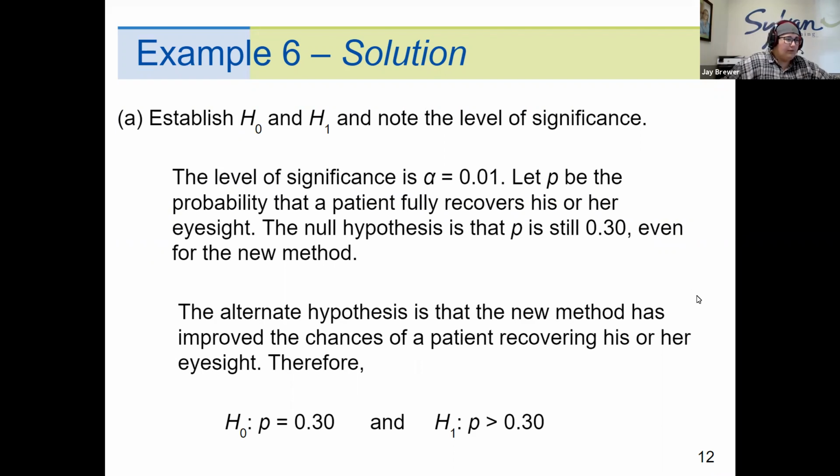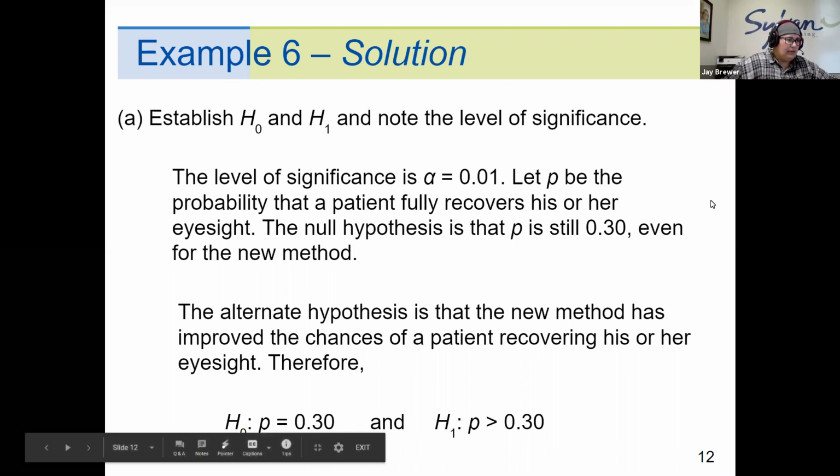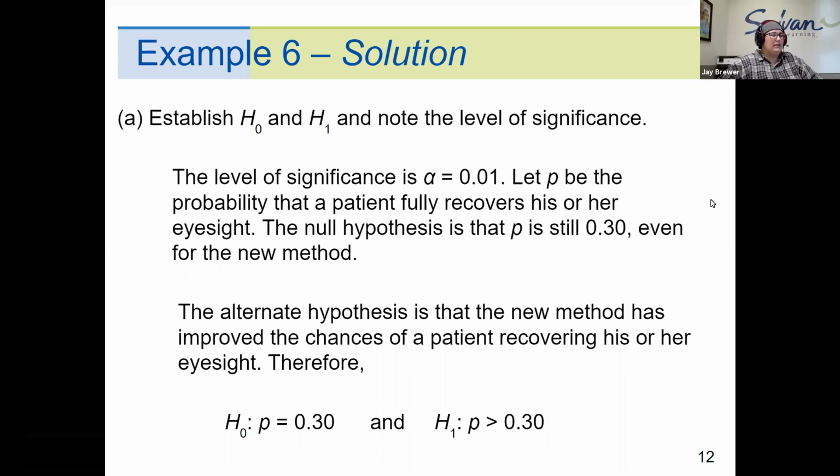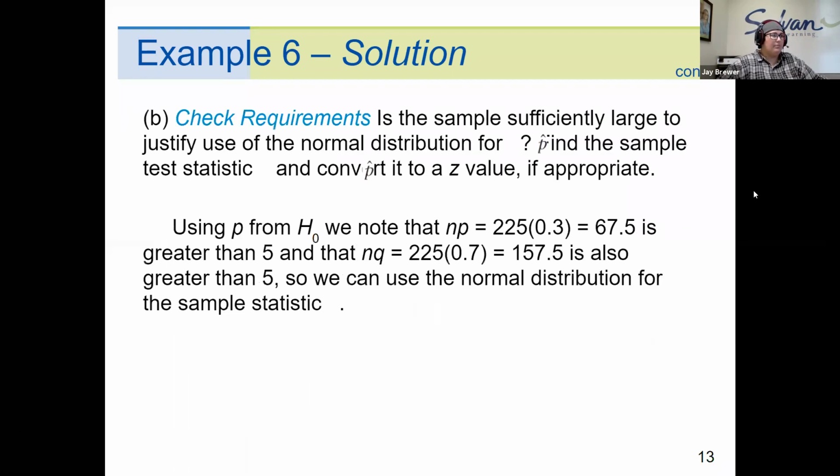The alternate hypothesis is that the new method has improved the chances of patient recovering his or her eyesight. Therefore, the null hypothesis is P equal to 0.30 and the alternate is P greater than 0.30. Okay, again, notice they did not make up their own values. They took it directly from what they were given.